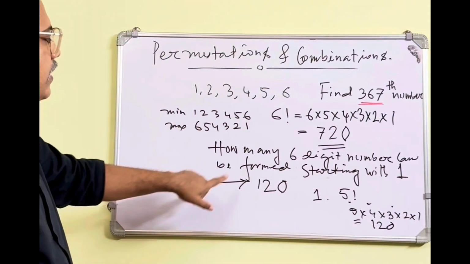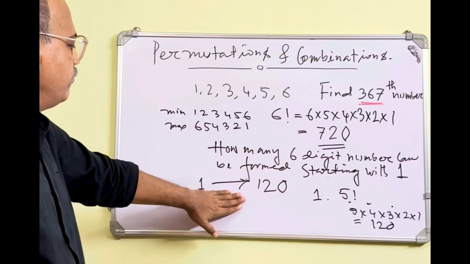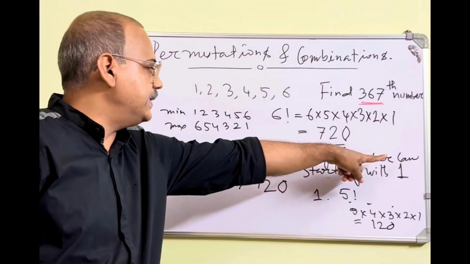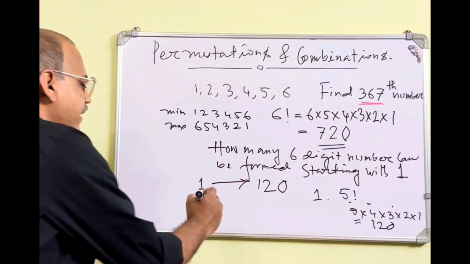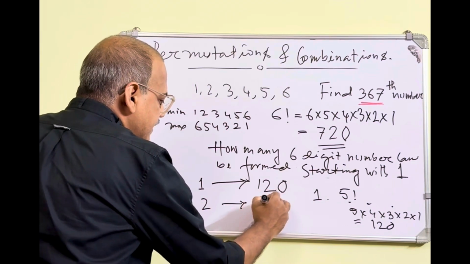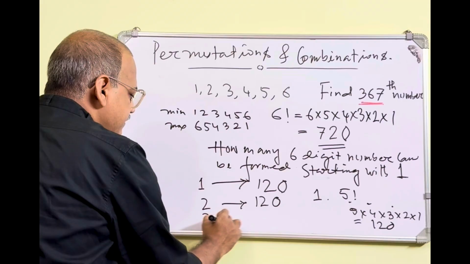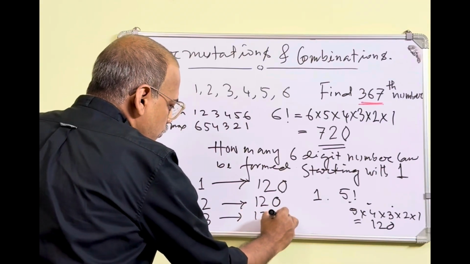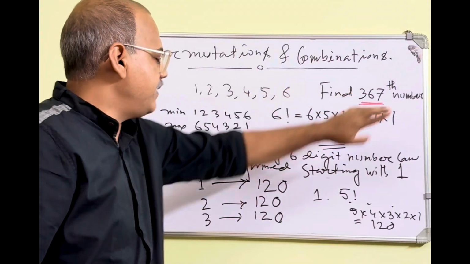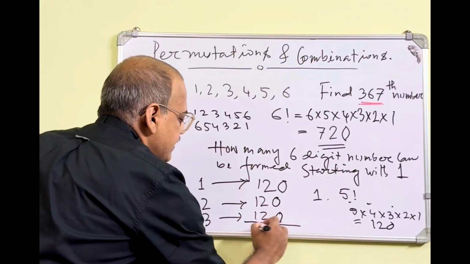So we can form 120 such 6-digit numbers starting with 1. Likewise, with 2, we will have another 120 numbers, and with 3 as well, 120. So we need to find the 367th, so it should be 360.